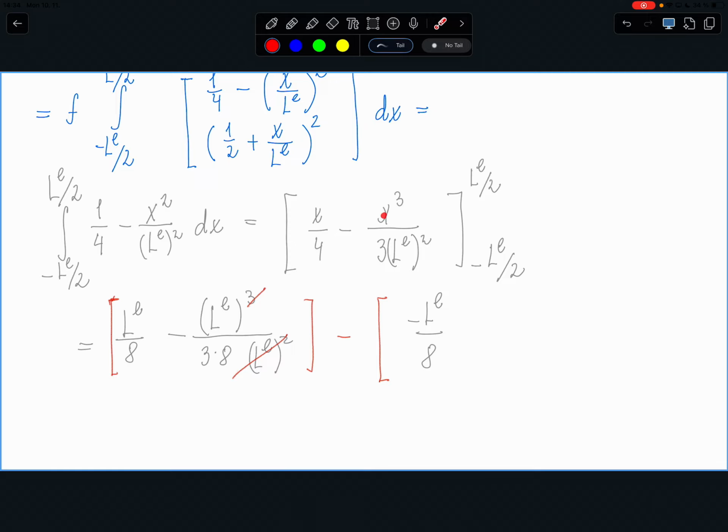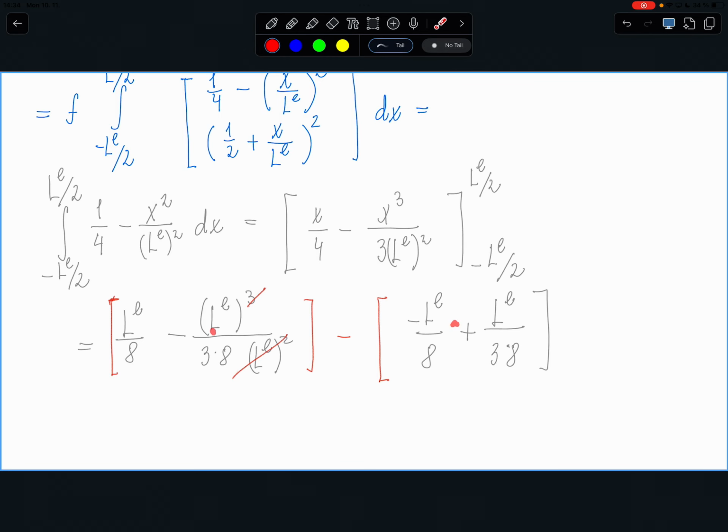And now, because this is an even function, I will see that this will have the same value as here, but with the opposite sign. So I will just see that here I will have minus minus plus LE over 3 times 8. If you compare what is written here, this is precisely the same thing as here.